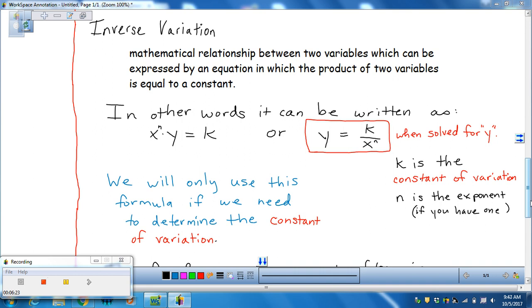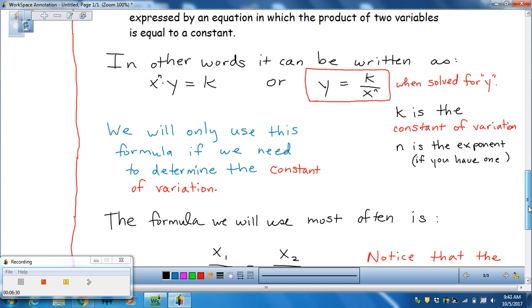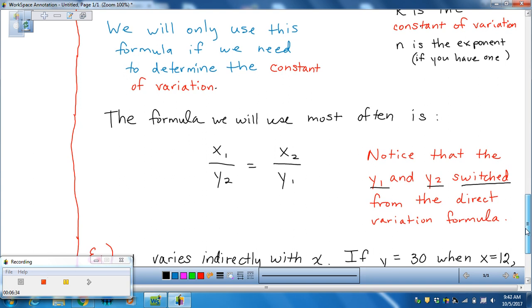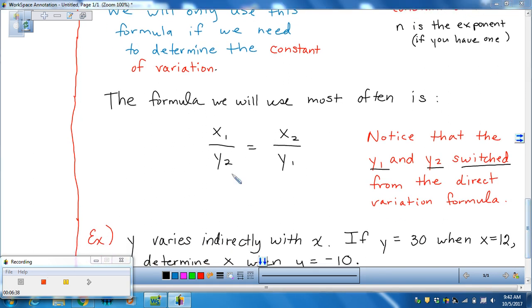So once again, like with the direct variation, we have another formula which we will use more often, and so this is the one that I want you to see. This formula looks very similar to the direct variation formula, except there's one difference. This time we have x1 over y2 and x2 over y1.